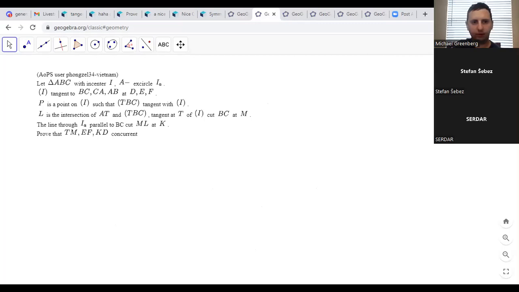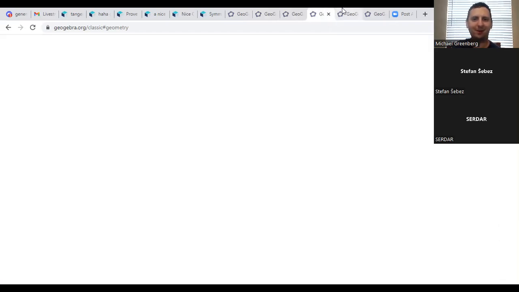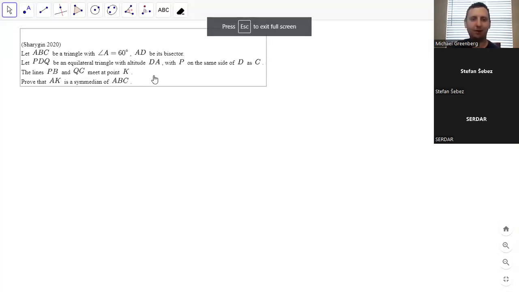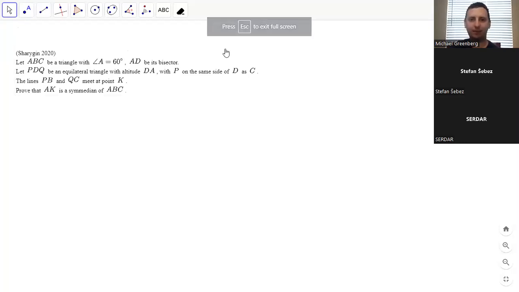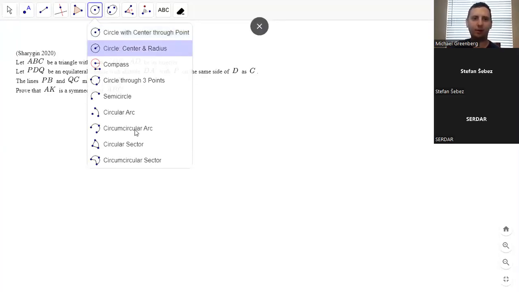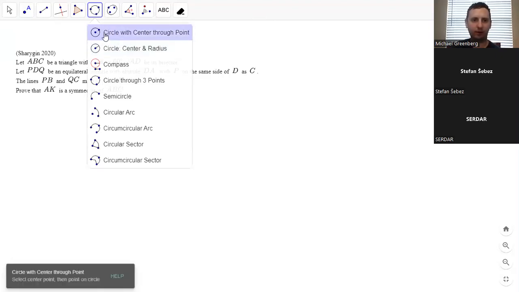So let's see. This one, we have the incircle, the excircle. Let me just check through. Yeah, I want to do an easy one for now. This one looked kind of interesting. Let's try this one. This one has a 60-degree angle, so I'm going to draw a 60-degree angle this way.